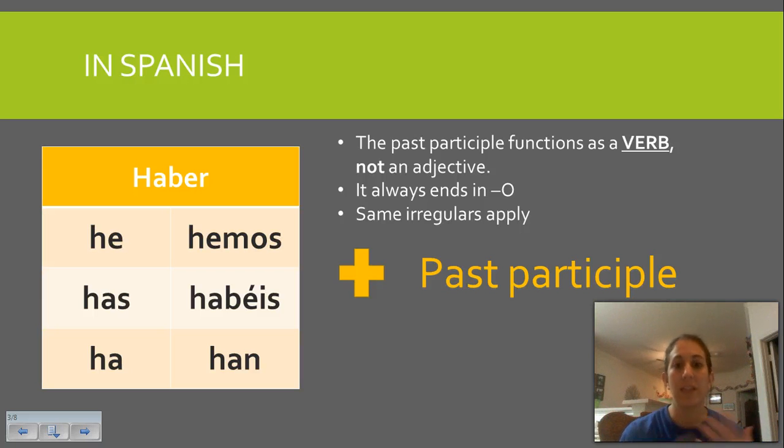It's acting as a verb. See the slight difference between the two? So because of that, our past participle is always going to end in an O. We don't have to worry about that agreement piece of it. And then, of course, our same irregular past participles still apply, such as written, escribir, abrir, ir. All of those irregulars, you're still going to use those.